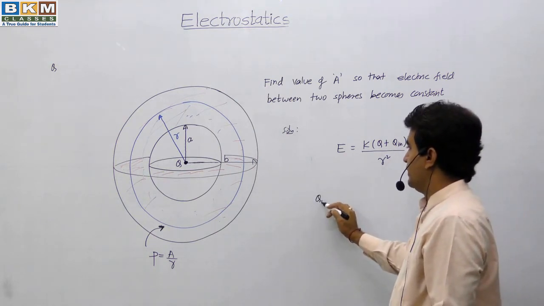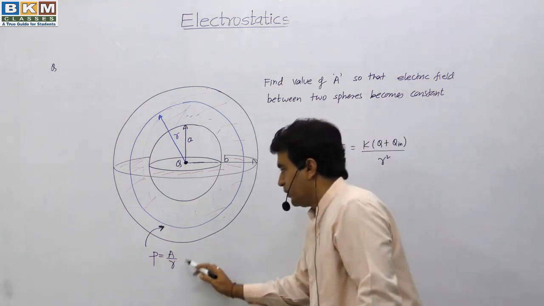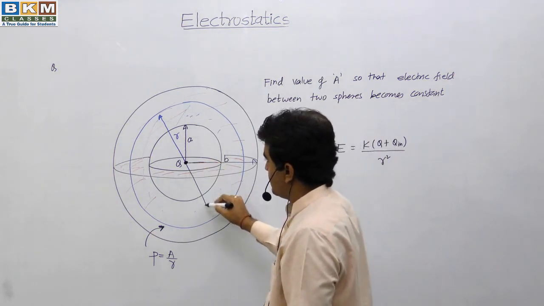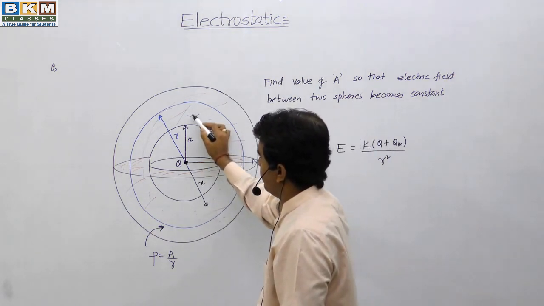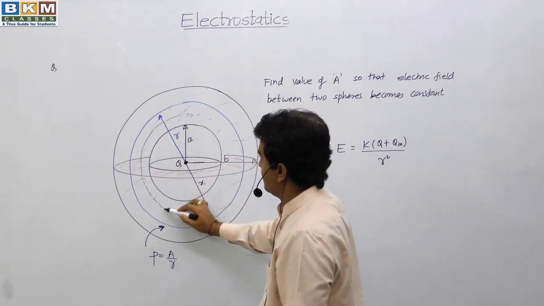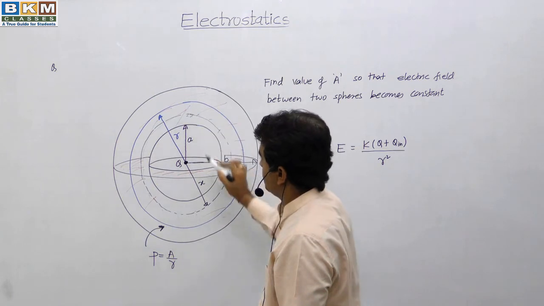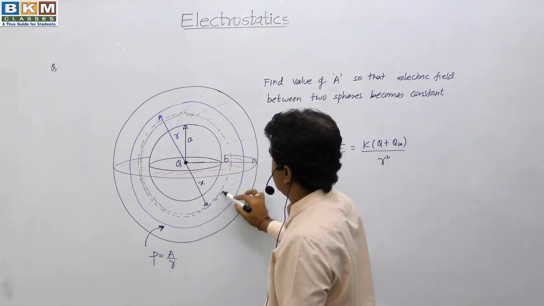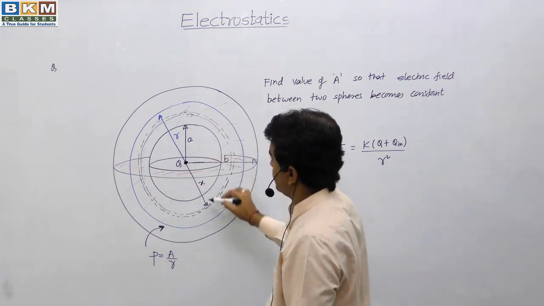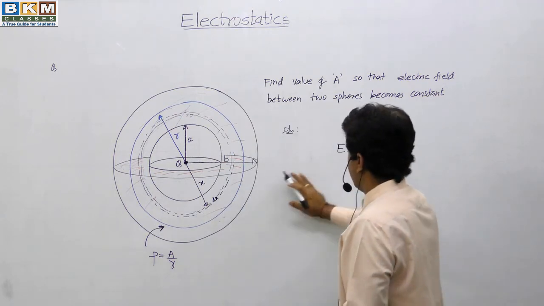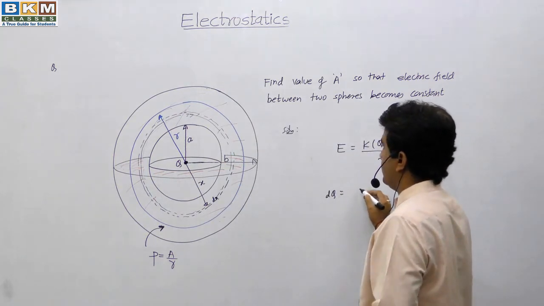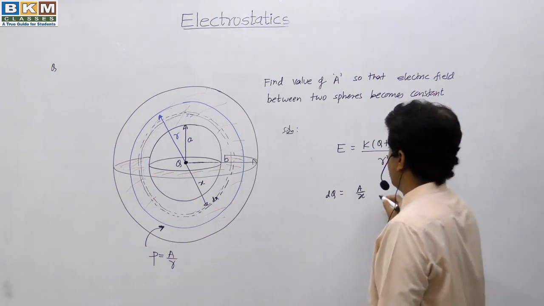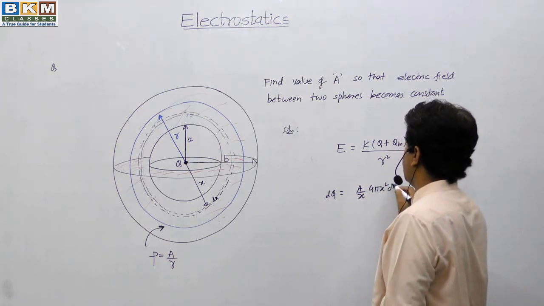For the calculation of Q_in, I have the formula of density A by r, so I have to integrate this. Let me assume another radius x and take thickness dx. The charge in this shell, dq, will be equal to the density at distance x, which is A by x, times its surface area 4 pi x square, times thickness dx.